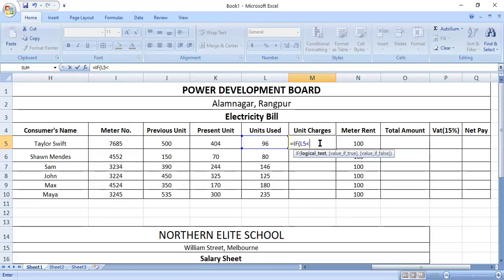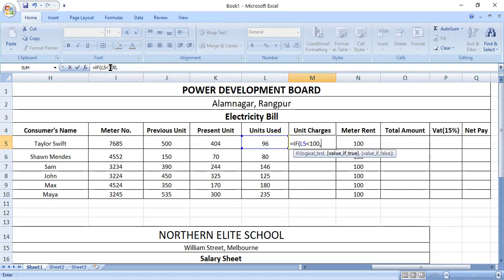So we can write 100. If L5 is lower than 100, then we have to add a comma. You can see the formula in the formula bar, what I'm writing over here. This is the formula bar.